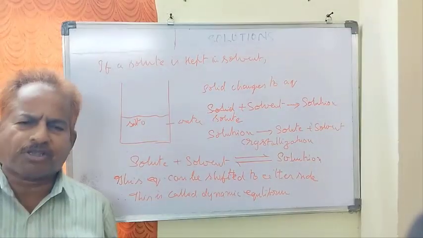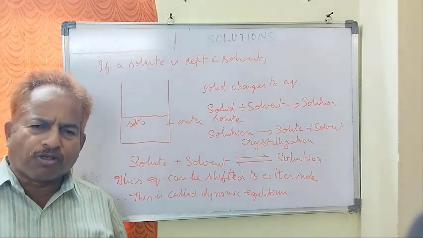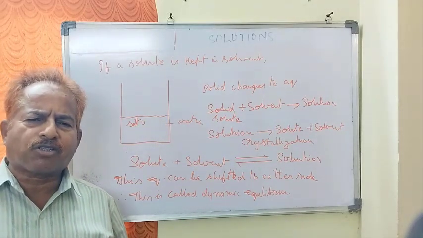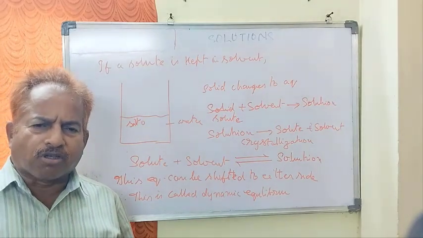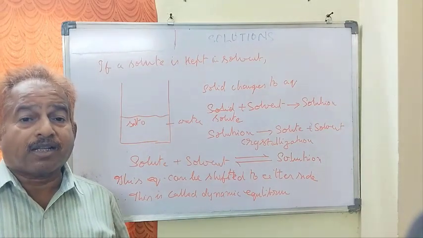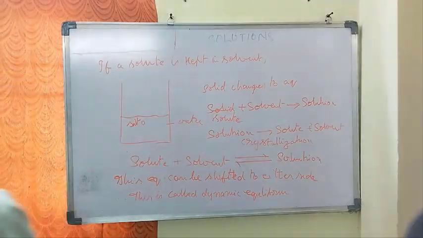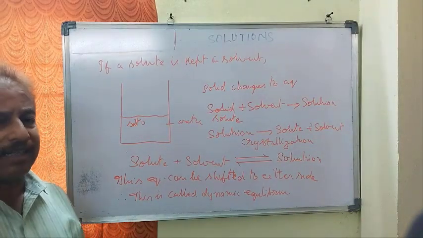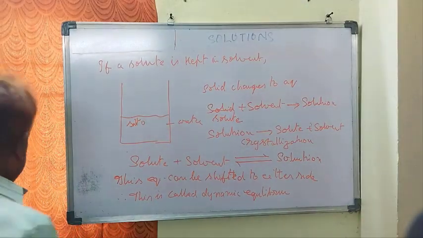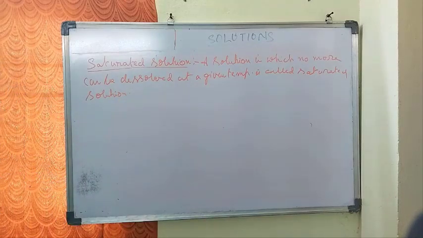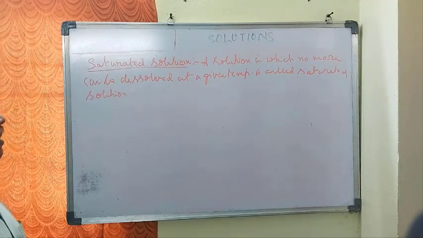So a saturated solution can be defined as a solution in which no more solute can be dissolved at a definite or particular temperature. Here temperature is constant. So the definition: a solution in which no more solute can be dissolved at a given temperature is called a saturated solution.